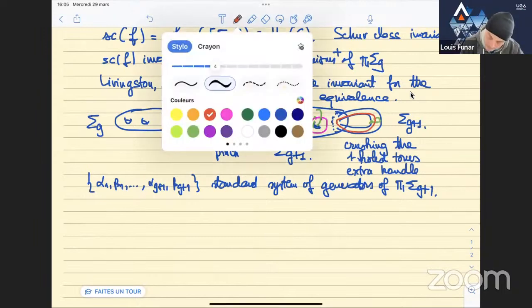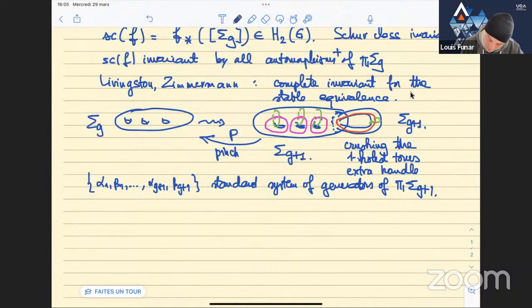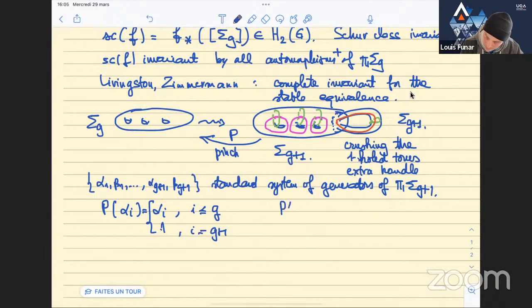Then simply the pinch is sending alpha I into alpha I if I is smaller or equal to G, and to 1 if I is G plus 1, and P of beta I is exactly the same.